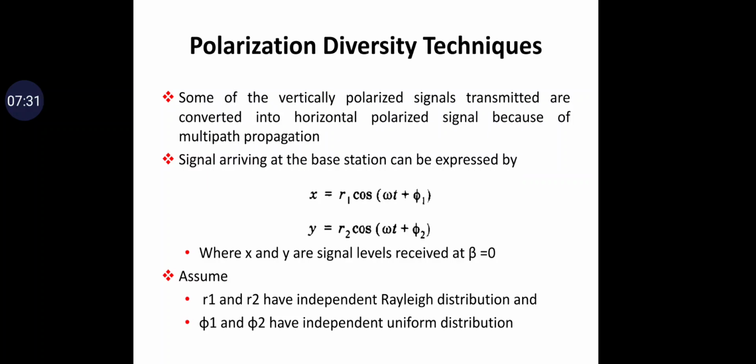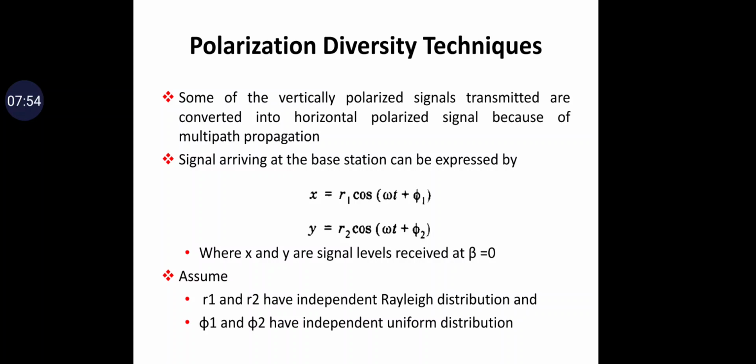Some of the vertically polarized signals transmitted are converted into horizontally polarized signals because of multipath propagation. So the signal arriving at the base station can be expressed as x and y. The expressions of x and y are given. Here x and y are signal levels received at beta equal to 0.